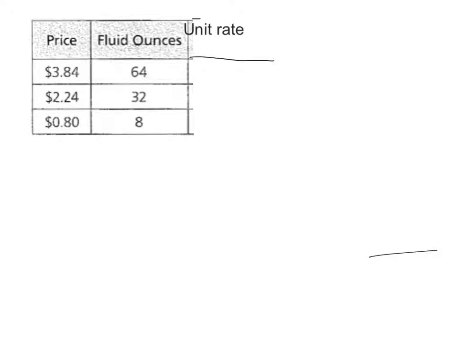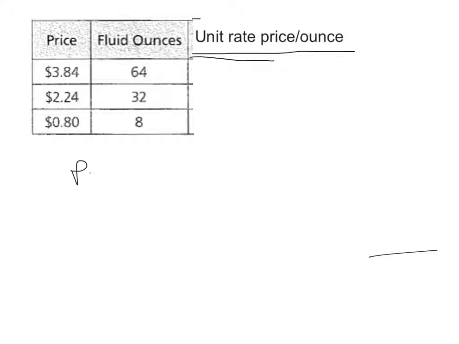And we want to find maybe the price per ounce. Okay, so that's what we want to find, the price per ounce. So we're going to take the price divided by the ounces.